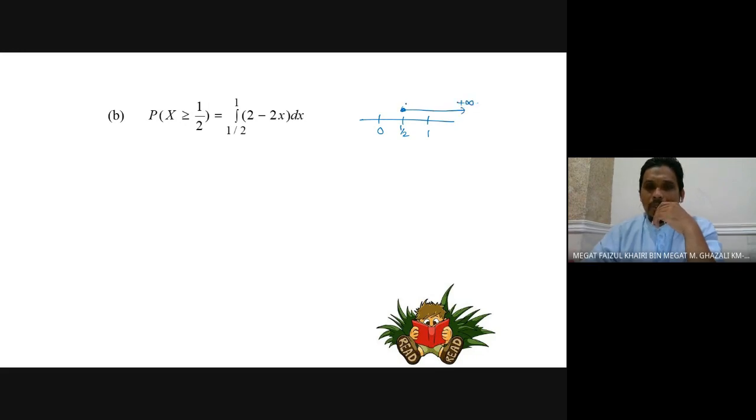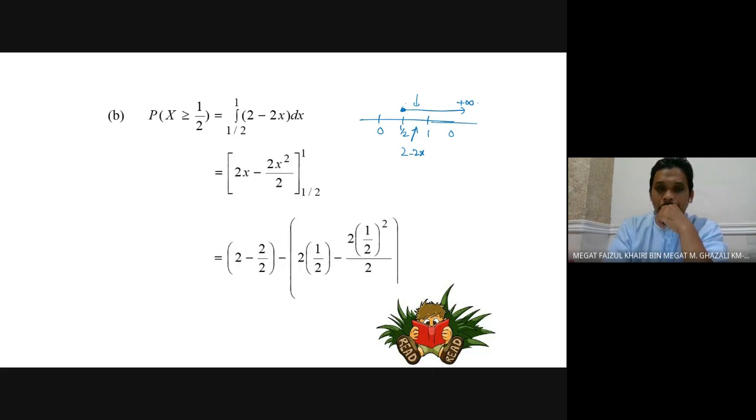So, across this domain of half until 1 and 1 to positive infinity, for this one it is 0 and in between here it is 2 minus 2x. Okay, substitute the value and you get 1 over 4.